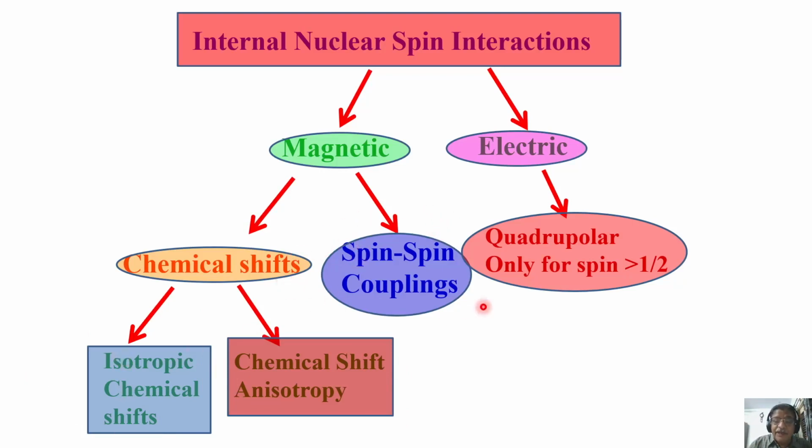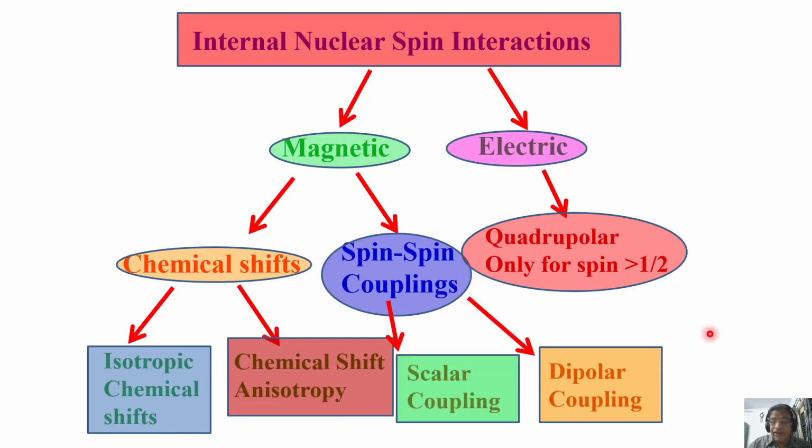And then similarly, spin-spin coupling. This can be further classified into scalar coupling and dipolar coupling. I already told you the scalar coupling is one which is mediated through covalent bonds, whereas dipolar coupling is a through-space interaction. This is what I said. Strictly, if you analyze further, the scalar coupling also has an isotropic part and an anisotropic part.